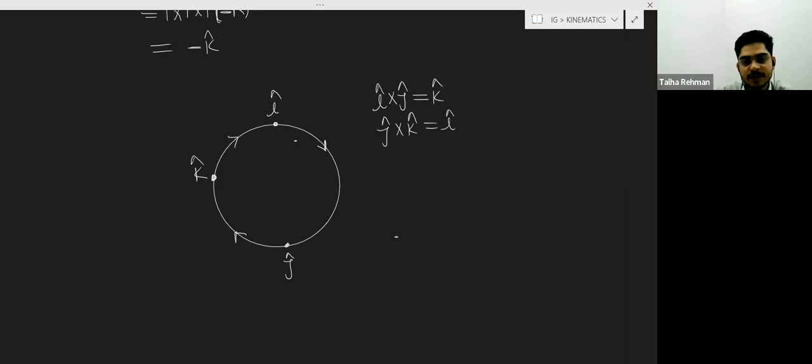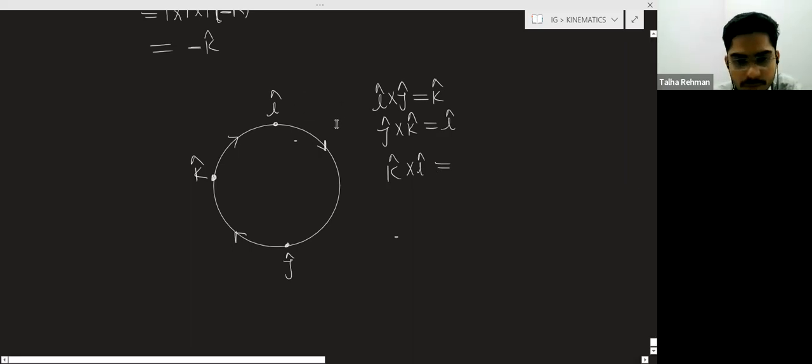Now tell me what will be k cap cross i cap. In a circular motion, in a circle, from this trick, first you have to choose the direction. So what will be the value of k cap cross i cap?